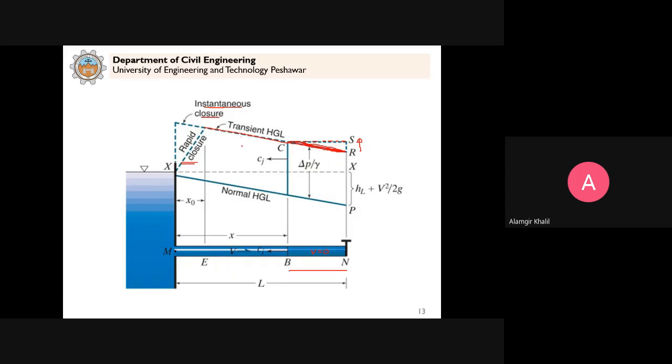So we discussed that the increase in pressure for rapid closure is the same as for instantaneous closure. But in the case of rapid closure, the increase in pressure will not travel all the way to the reservoir. You see here, for rapid closure, we do not have it here, up to this point here, X naught.